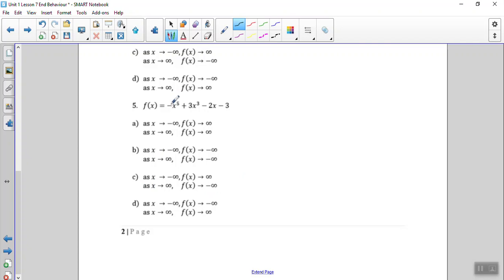Since this is negative, it's going to look something like this. As x approaches negative infinity, on my left side, my f of x is going up. Yep, that's true. And as x approaches positive infinity on the right side, my f of x is going down. That's true. So the answer is C.